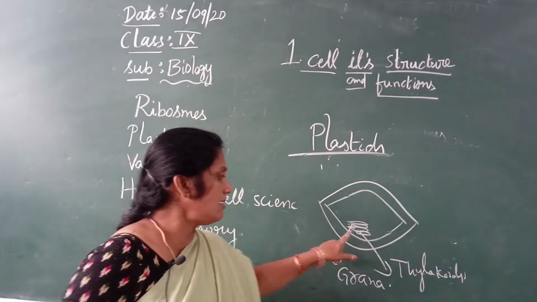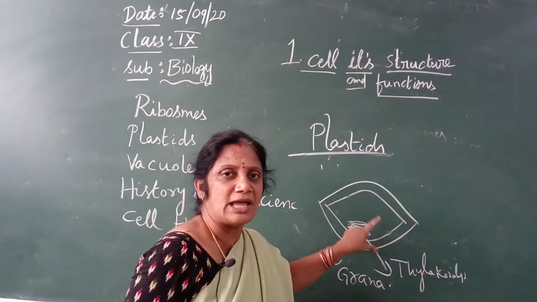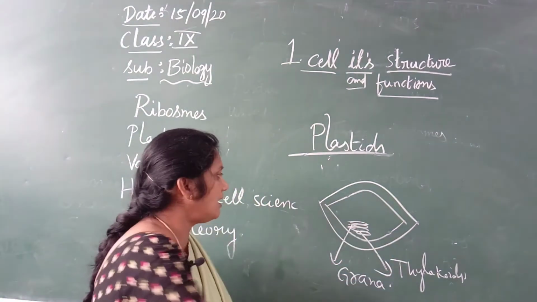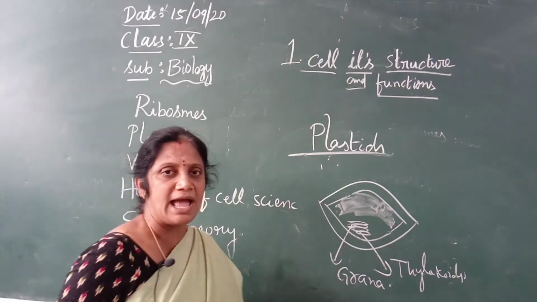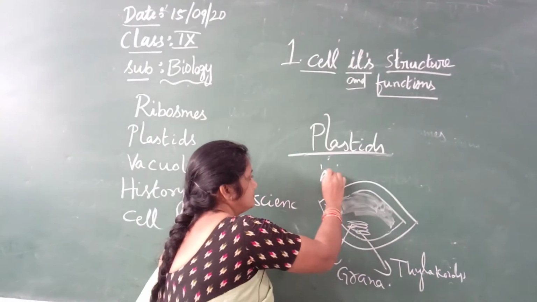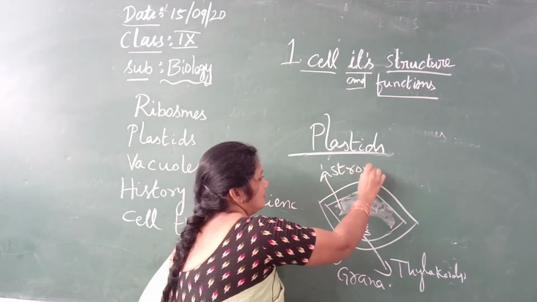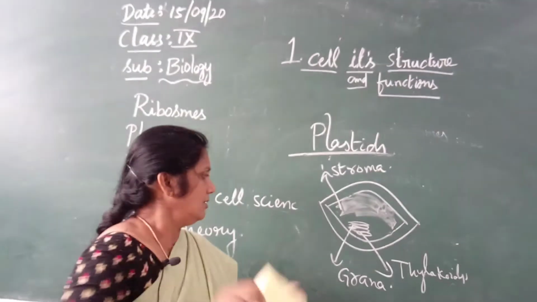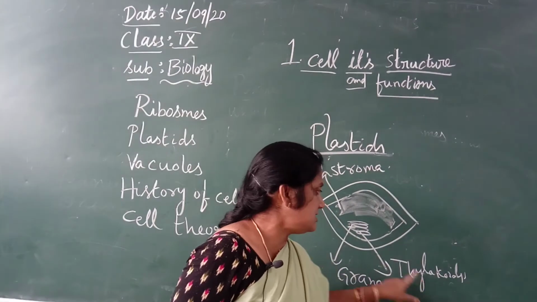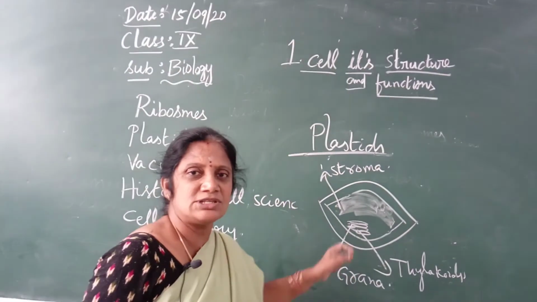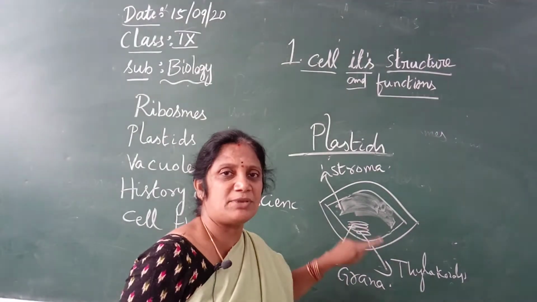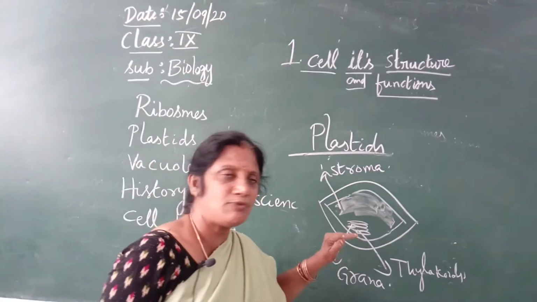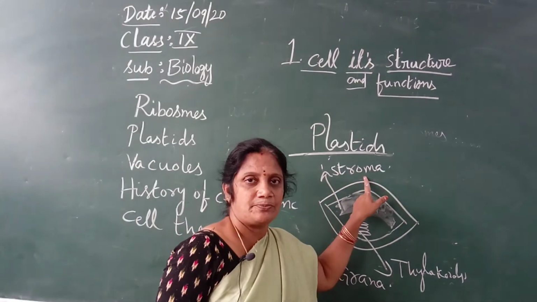Grana are stacks of thylakoid membranes, and the fluid present in the chloroplast is called stroma. Thylakoid membranes contain chlorophyll. This chlorophyll traps solar energy and helps in the preparation of food. The food is formed in the stroma.